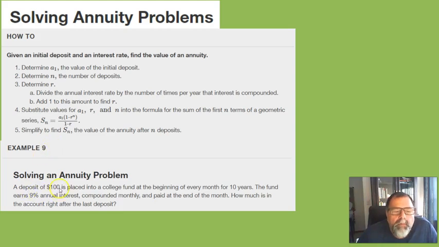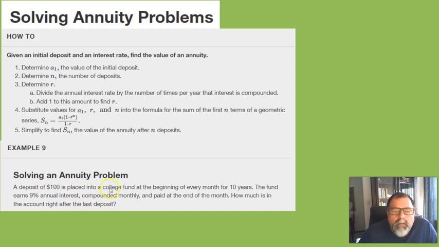So a deposit of $100 placed into a college fund at the beginning of every month for 10 years. The fund earns 9% interest, compounded monthly, and paid at the end of the month. How much is the account right after the last deposit?